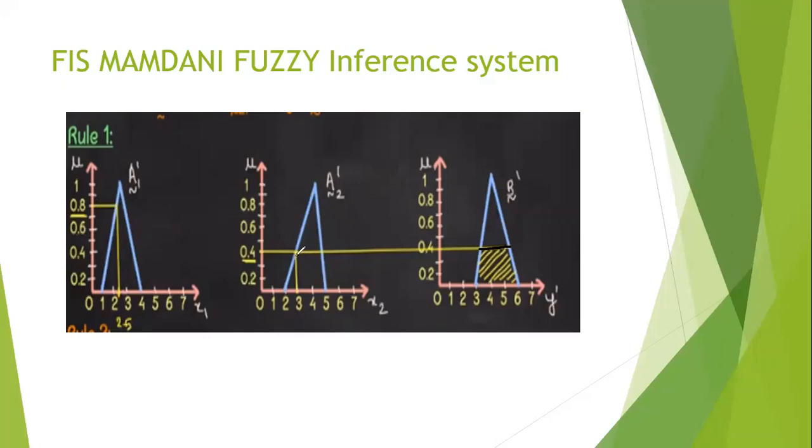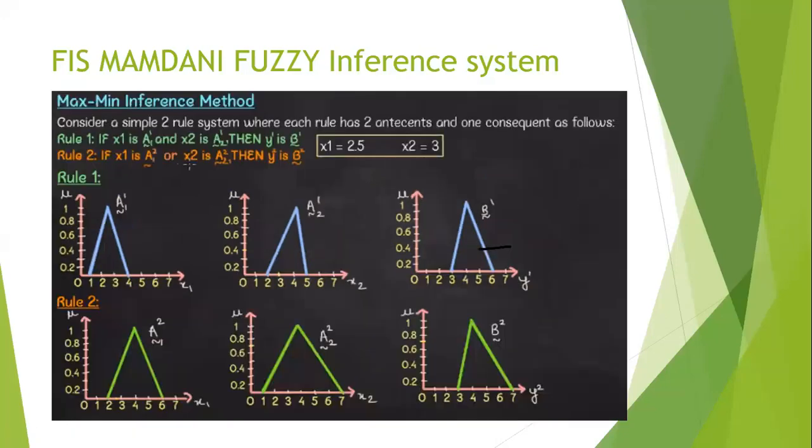When x1 is 2.5, corresponding membership function value is 0.8. When x2 is 3, corresponding membership function is 0.4. As your first rule is using AND operation, we go with the minimum of both the membership functions.